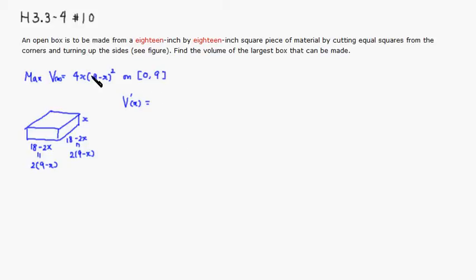Derivative is going to be, 4 is just a constant multiple, put that there. Then use the product rule to take the derivative. Derivative of the first is 1 times the second, quantity 9 minus x squared, plus the first, x, times the derivative of the second, which is 2 times 9 minus x, subtract 1 from the power, multiplied by the derivative inside, which is negative 1.